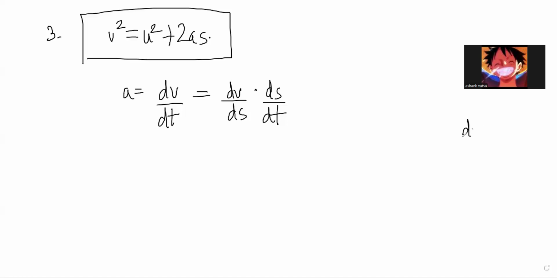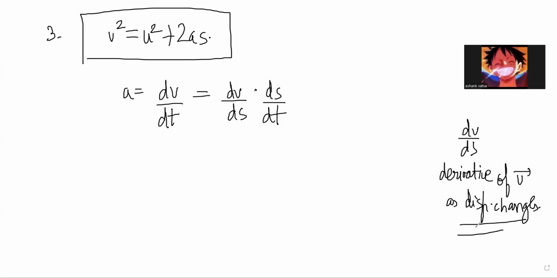Here dv by ds is basically the derivative of velocity as displacement changes. As the displacement changes, how fast is the velocity changing? So also ds by dt is just a velocity, right? So you're getting v dv by ds is equal to a.